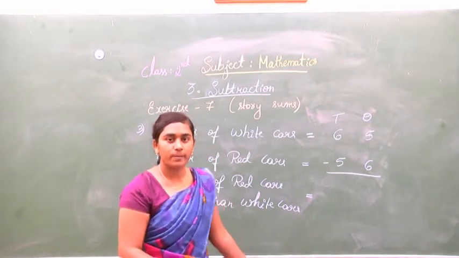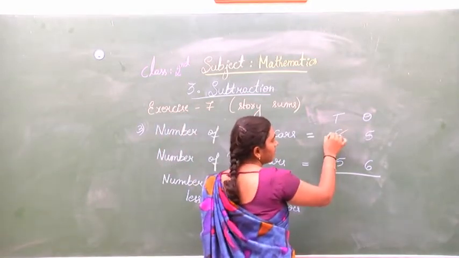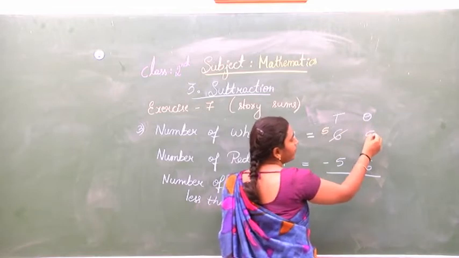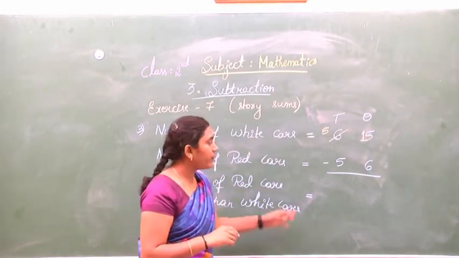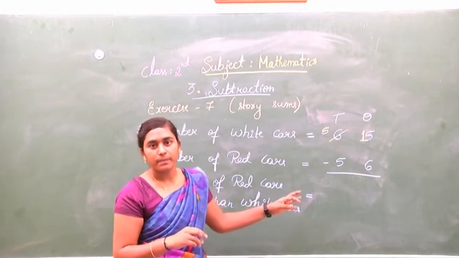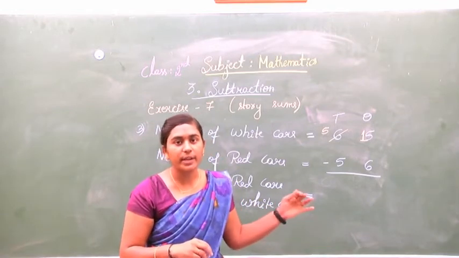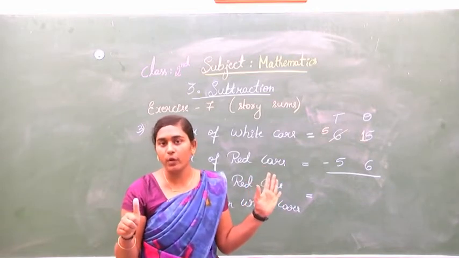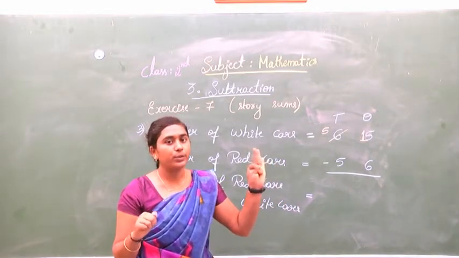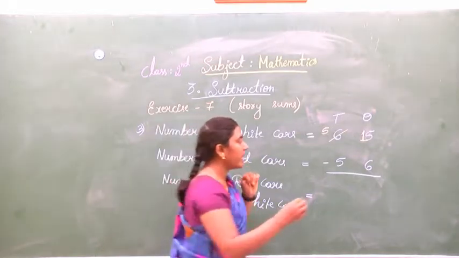Take the borrow. 6 becomes 5, and 5 becomes 15. Correct? Now 15 minus 6. You need to be fast in this. 15 in the mind, 6 in the fingers: 14, 13, 12, 11, 10, 9.